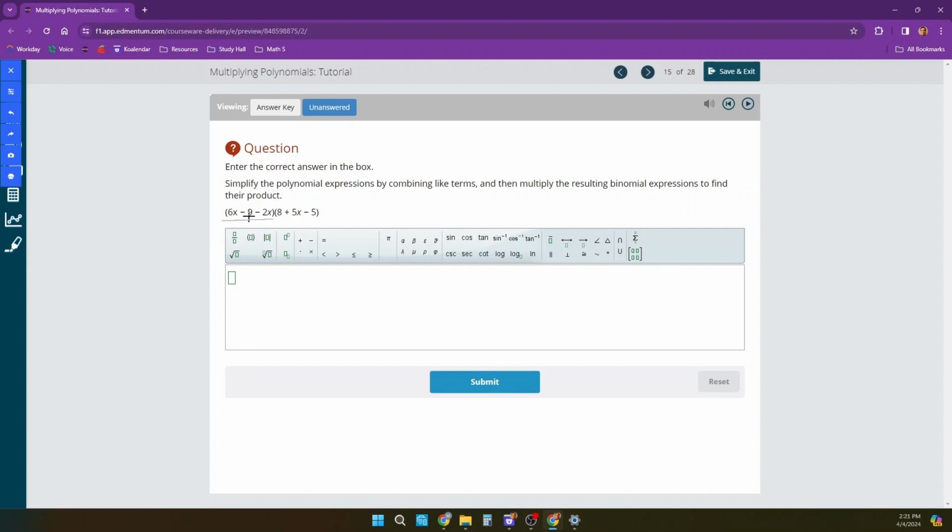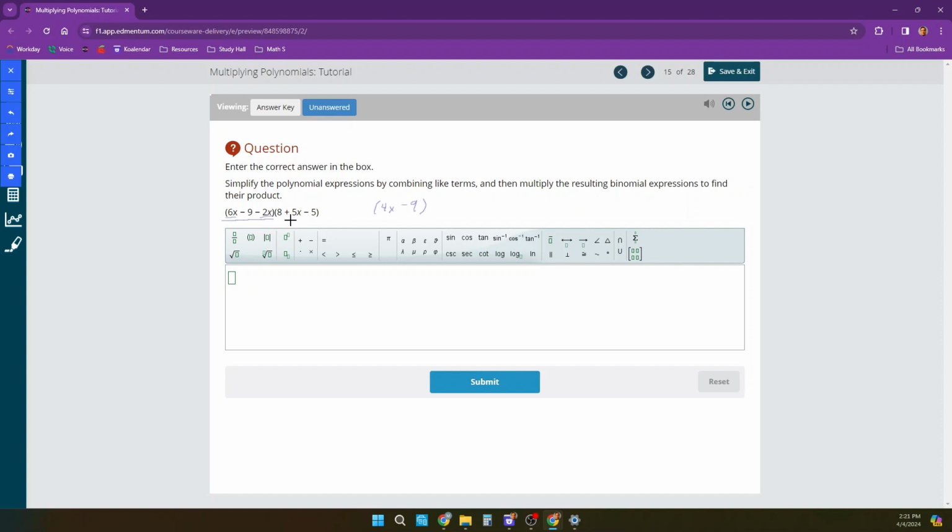And it looks like we do have some like terms. I see an x term here and an x term here. So we can combine like terms. So let's do 6x minus 2x. That is going to be 4x. And then the 9 can't combine with anything else. So that's going to be minus 9.